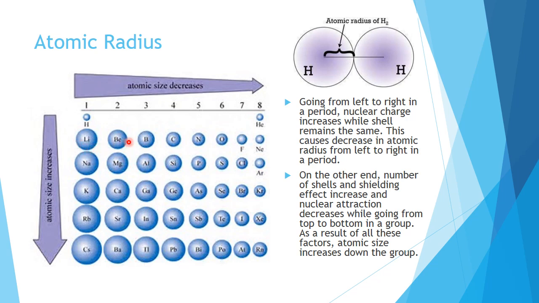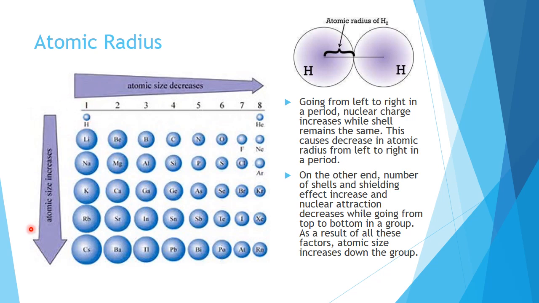And similarly, boron has a smaller size than beryllium, because boron has one unit increased nuclear charge than beryllium, and the same trend goes on along the period. The same trend is found in the third, fourth, fifth and sixth periods. Going from left to right in a period decreases the atomic size because of the gradual increase in the nuclear charge.